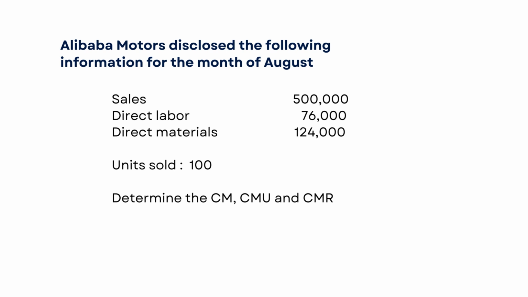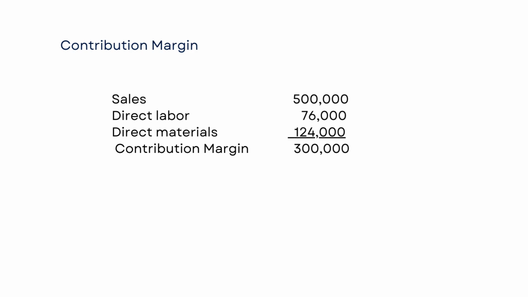So we have direct labor, that is a variable cost, and direct materials, that is a variable cost as well. So you add that, 76 plus 124, you have 200,000. 500,000 minus 200,000, your contribution margin should be 300,000. So yeah, here's your contribution margin, 300,000. So we solve now for the contribution margin per unit.